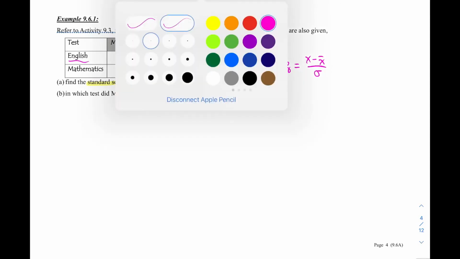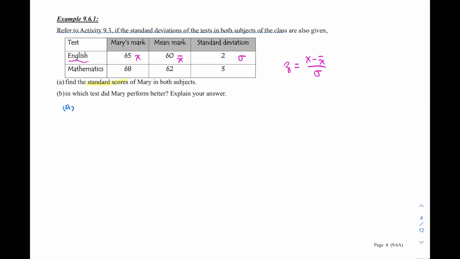So for part A, you can just write down for English, the standard score of Mary's marks is just equal to the datum minus the mean of English divided by the standard deviation of the subject. So you got 2.5.